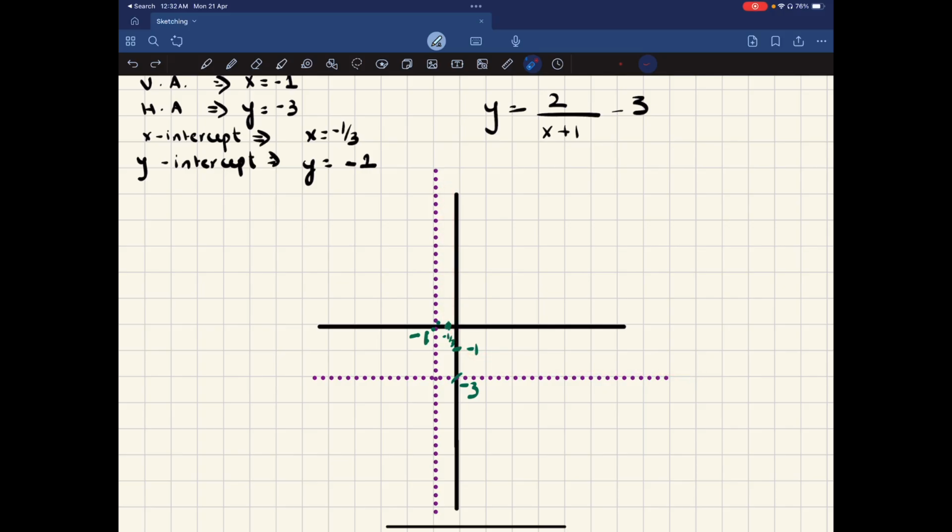Okay, so again, since it cannot touch or cross the asymptotes, it's going to be something like this. Let's draw it. So that's how it's going. It's going to get closer and closer to the asymptote, but it's not going to touch it.